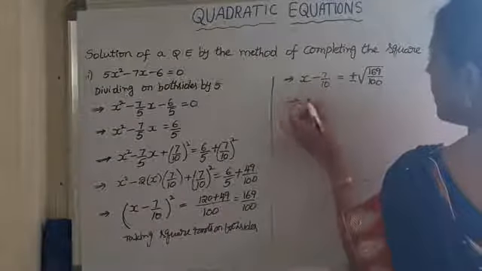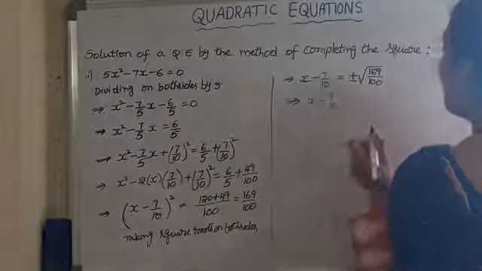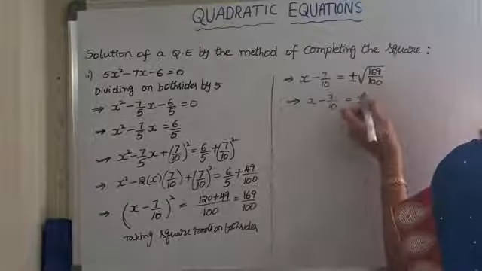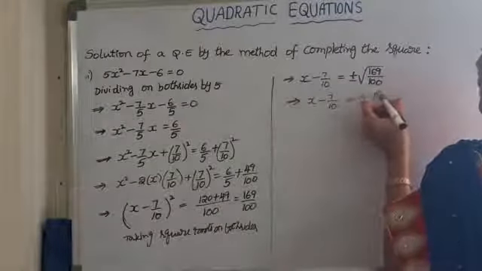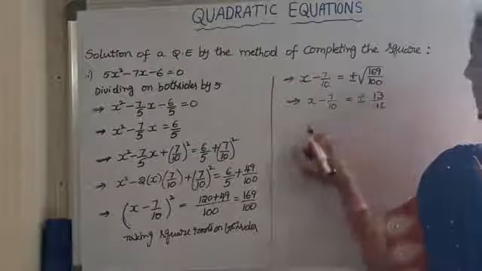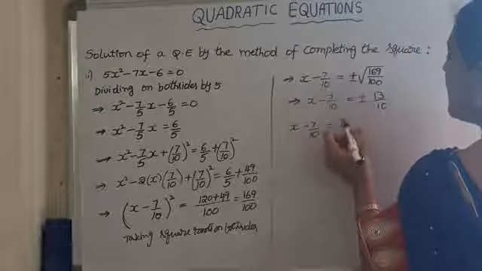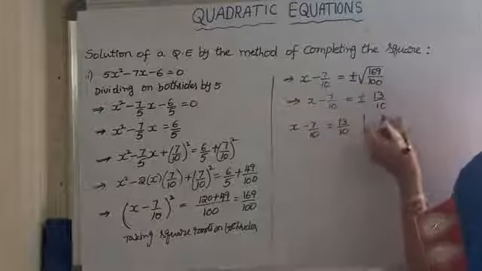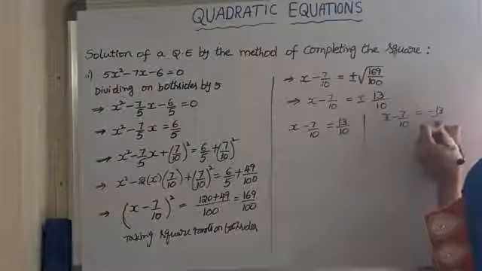This is equal to (x minus 7)/10 is equal to plus or minus root 169. What is the value of root 169? It is 13, over 10. Now (x minus 7)/10 is equal to plus 13/10, and (x minus 7)/10 is equal to minus 13/10.